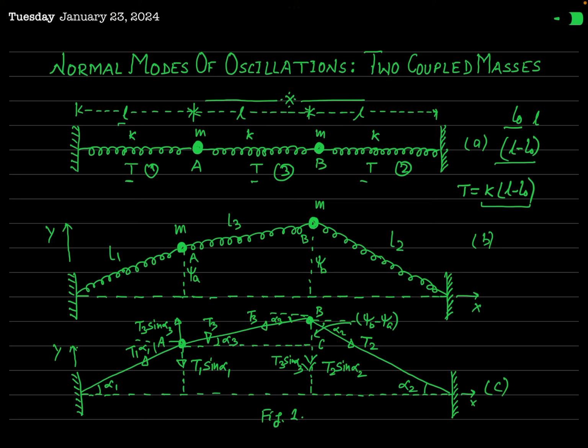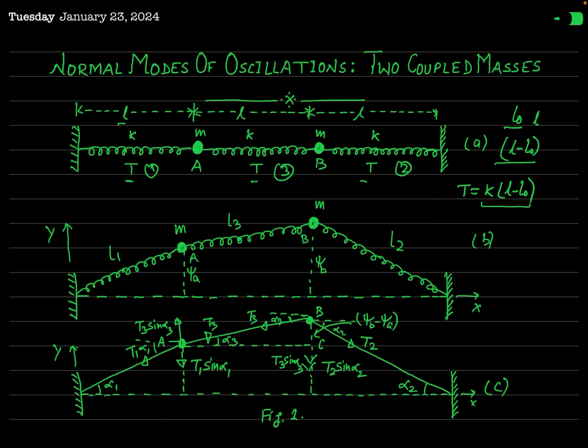Now in the second figure, that is in figure B, I have shown the general configuration of the system in transverse oscillations. If your aim is to create a situation so that this system will perform a transverse oscillation, what you have to do?